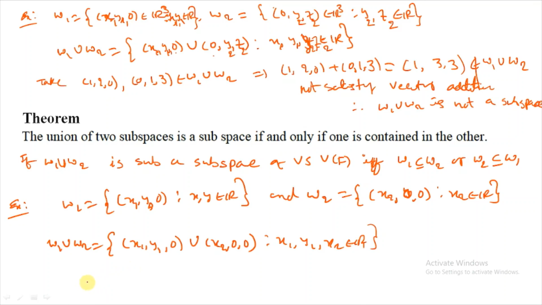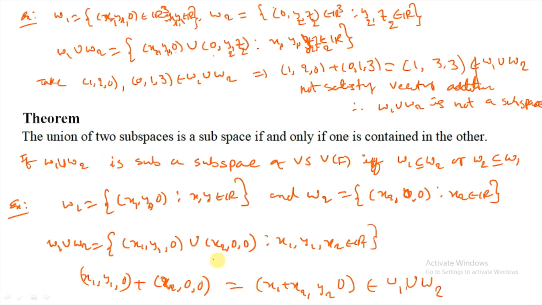Now check vector addition, whatever two elements. Okay, take directly: vector addition (x1, y1, 0) plus, whatever you take, suppose I'm taking directly this example (x2, 0, 0). This is equal to (x1 plus x2, y1, 0), which belongs to W1 union W2.